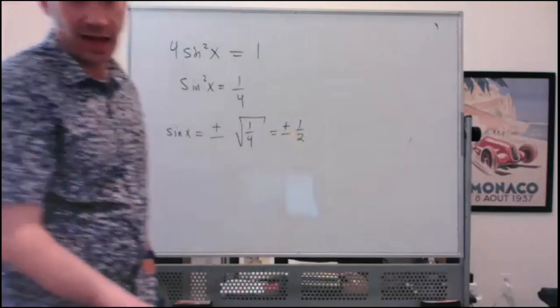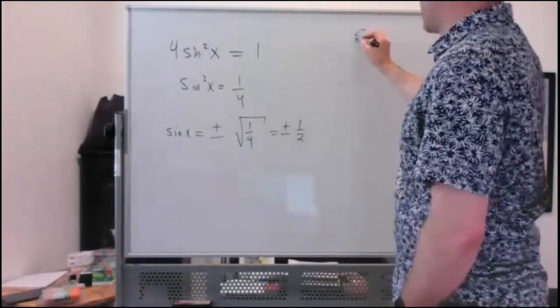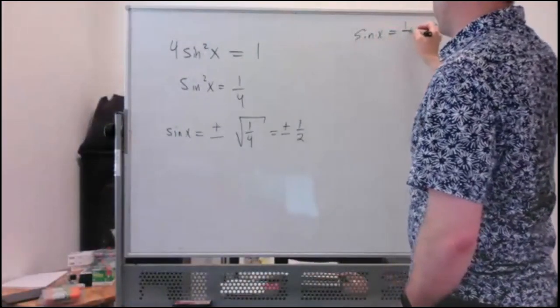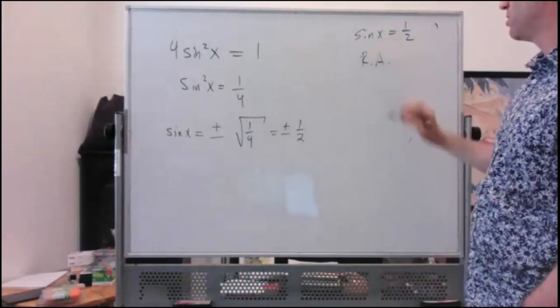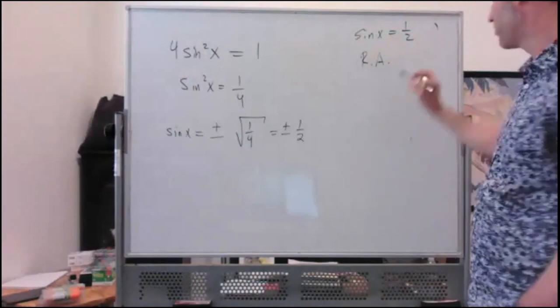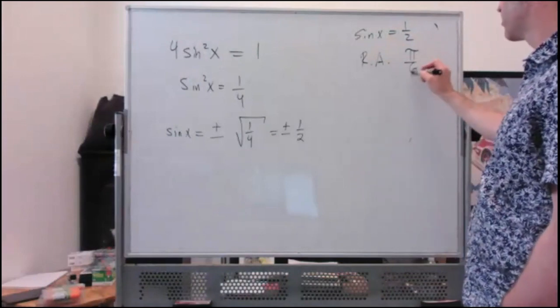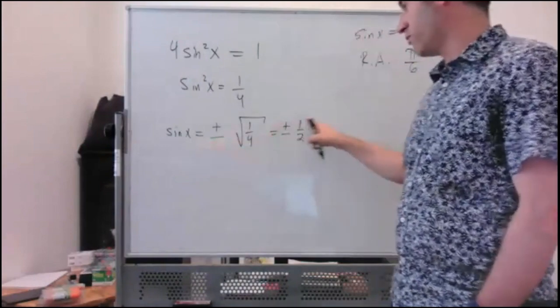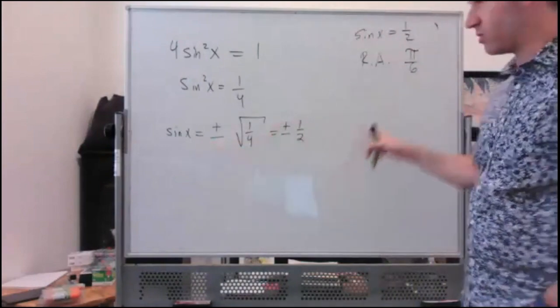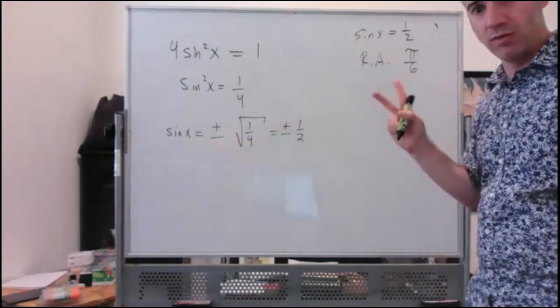And again, I'm going to think about where sine of x is equal to 1/2, which is a reference angle of pi over 6. So to get sine of x equal to positive 1/2, I want the angles with that reference angle in quadrants 1 and 2.